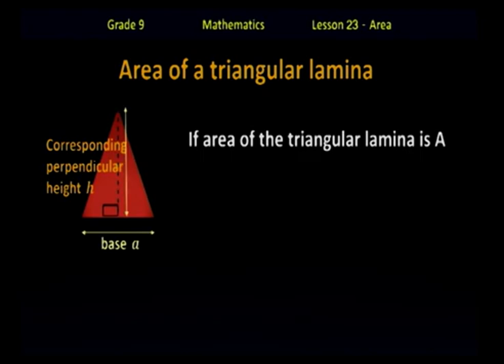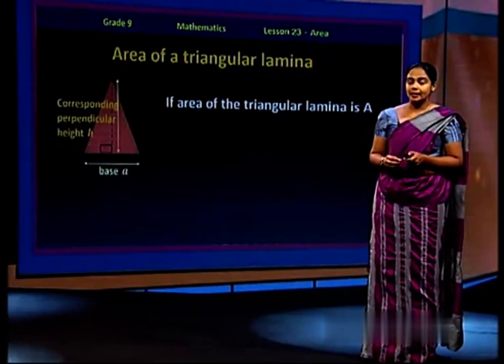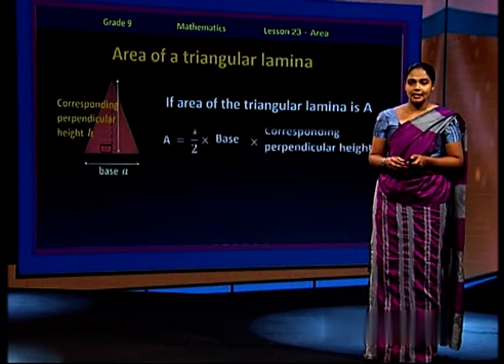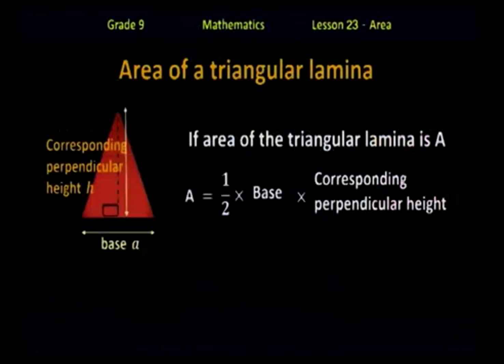If you are selecting a base, we should check which is the opposite vertex. From the opposite vertex to the selected base, the perpendicular height is drawn. You should identify the base and the corresponding perpendicular height. Then we can find the area: half into base into corresponding perpendicular height.